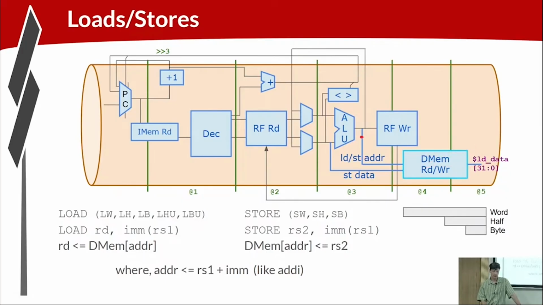The load data is written into RD, and they have an immediate and a source register that specifies the address. So the address that we're loading is the RS1 register plus the immediate, which is signed. So the address is RS1 plus immediate, and RD is loaded with the memory value.